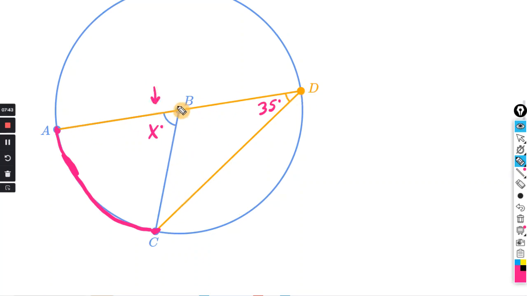The one that has the vertex at the center is your central angle, and the one that has the vertex on the circle is your inscribed angle.